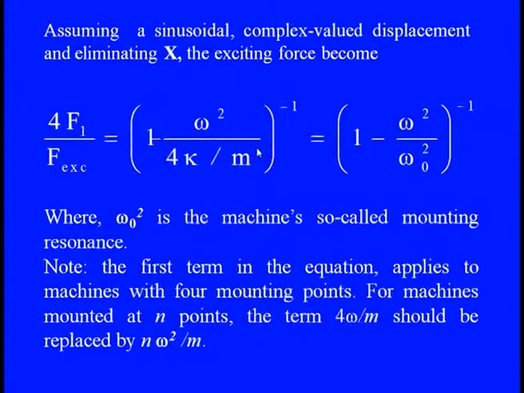If the machine is rigidly supported over n endpoints, connected in between the machine and the foundation, the first term 4 should be replaced by n, and the 4 k by m in the lower term by n k by m. Whatever the number of points, the things vary accordingly with the stiffness variation.